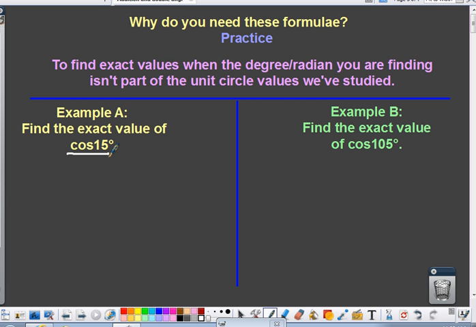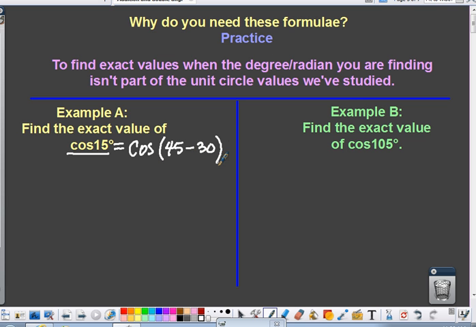So basically, on our unit circle, we have exact values for 30, 45, 60, 90, and so on, but not for 15. It's not listed on our unit circle, but that doesn't mean that there isn't an exact value for cosine of 15. What it means is that we need to combine two of our other angles to make the exact value. Okay, so in this case, cosine of 15 could be equal to the cosine of 45 minus 30.